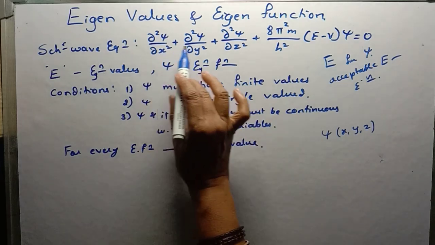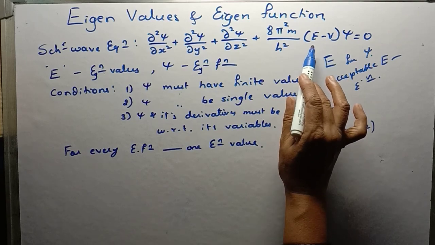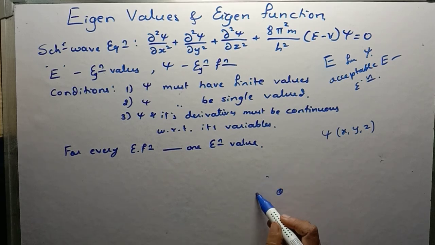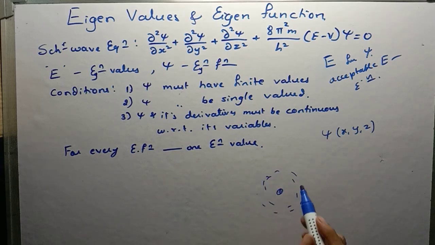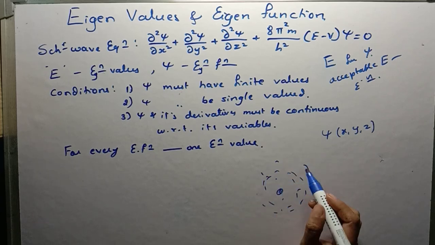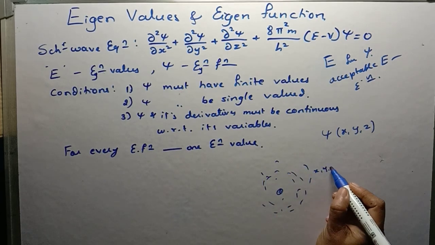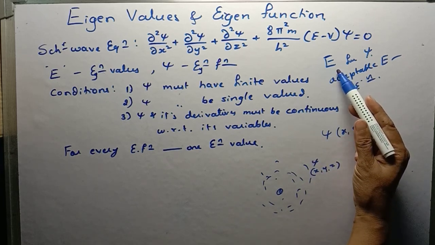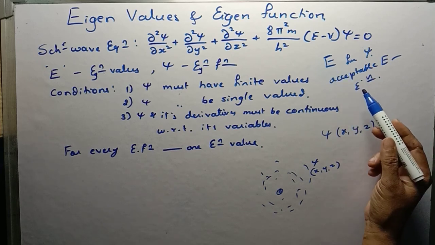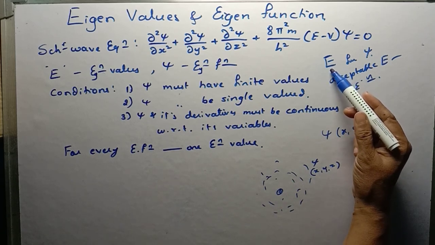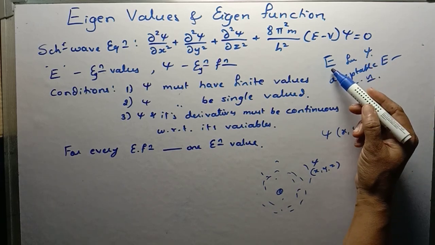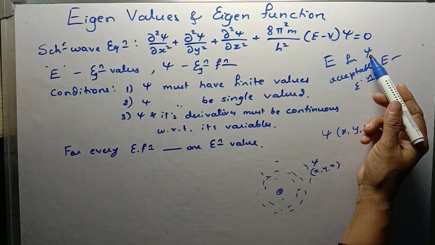Imagine there are many points around the nucleus, and at a particular point, if psi gives an acceptable value of E, the total energy of the electron, that acceptable value of energy is said to be an eigenvalue, and the corresponding psi for which we got that value is said to be an eigenfunction.